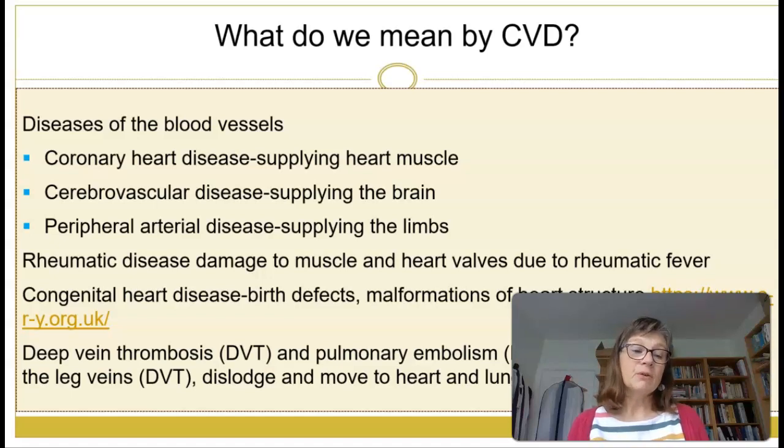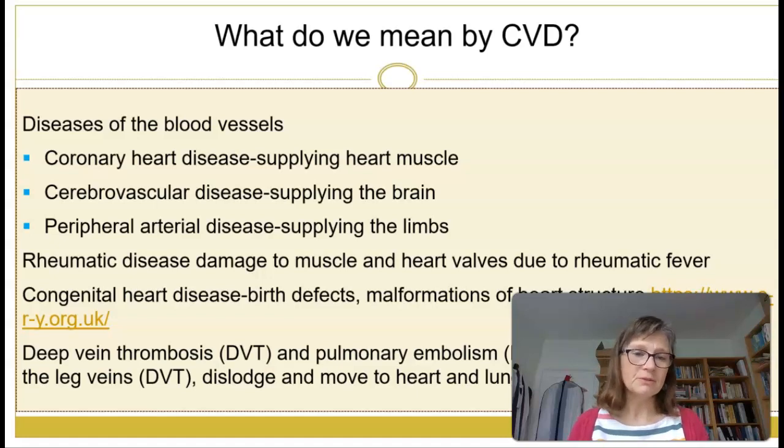You can also have rheumatic heart disease, which is damage to the muscles and the heart valves due to rheumatic fever, which thankfully doesn't happen that often. And then of course there is congenital heart disease, which covers various birth defects or malformations of the heart structure. These things often affect much younger people.